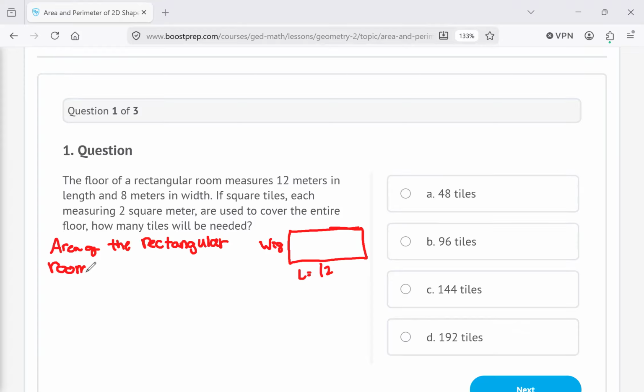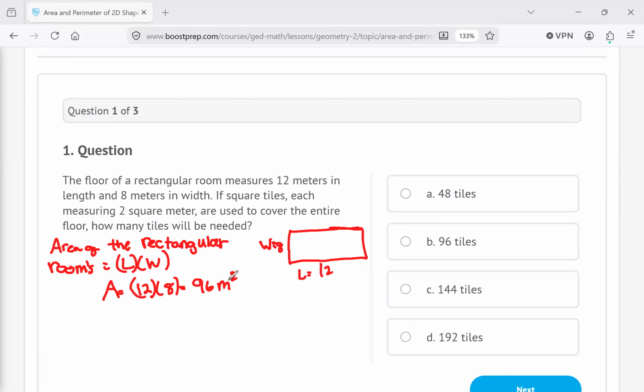You know how to find the area of a rectangle. It's length times width. So area is going to be 12 by 8, which is 96 square meters.